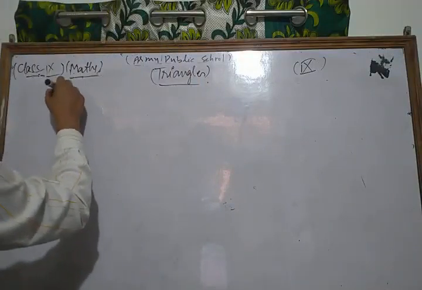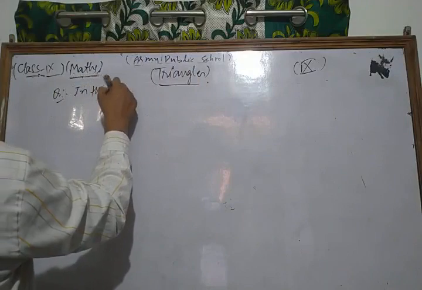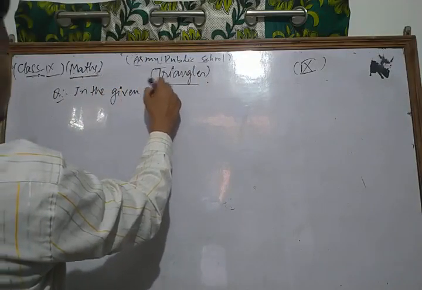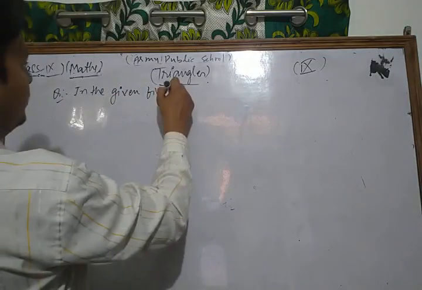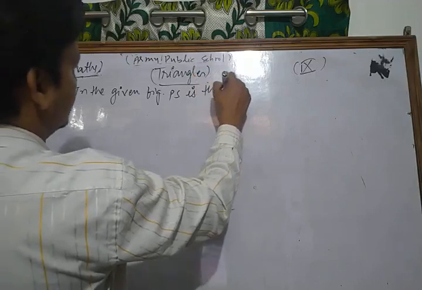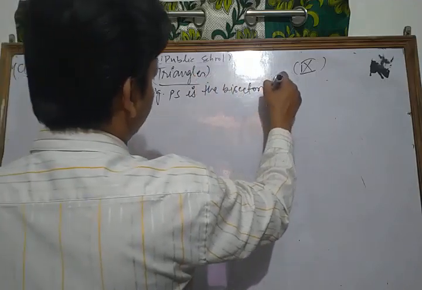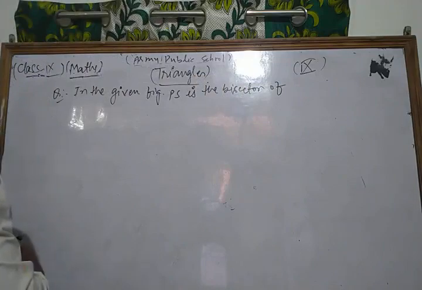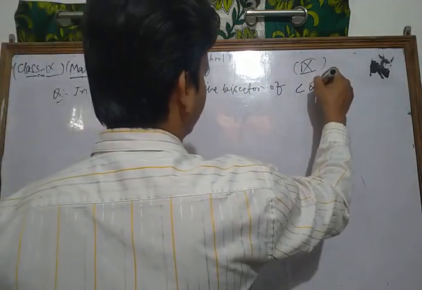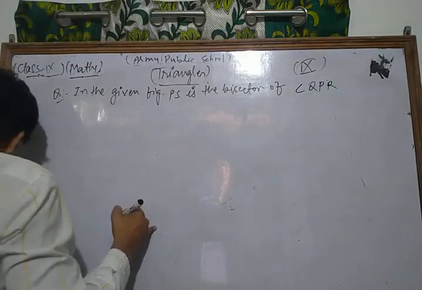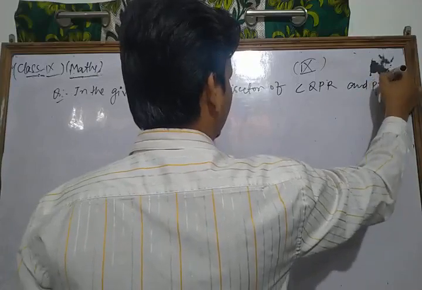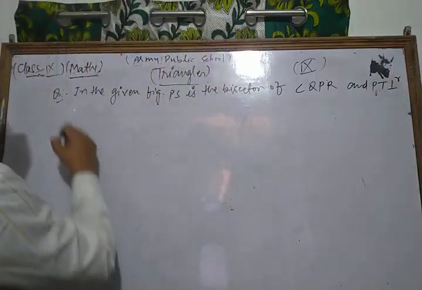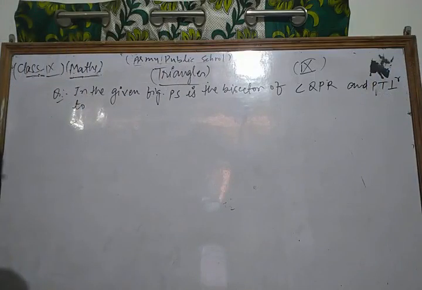The question is: in the given figure, PS is the bisector of angle QPR, and PT is perpendicular to QR.